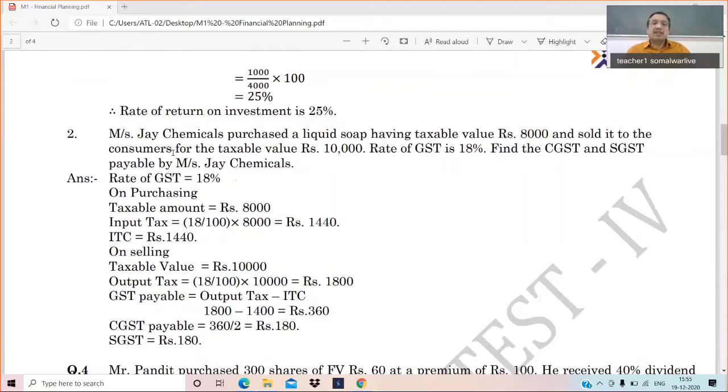So Messrs. J Chemicals purchased liquid soaps worth rupees 8,000, meaning taxable value, and sold it after giving discount and so on for taxable value rupees 10,000. And the rate of GST is 18%. You have to find CGST and SGST payable by J Chemicals. How much will he pay?